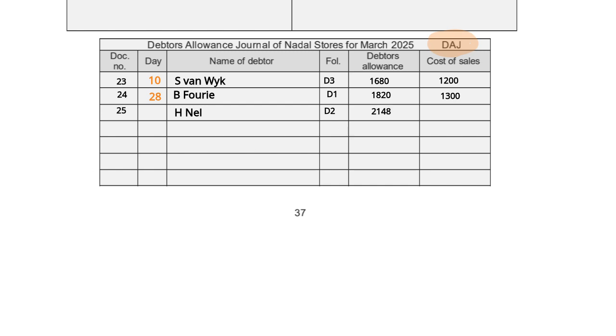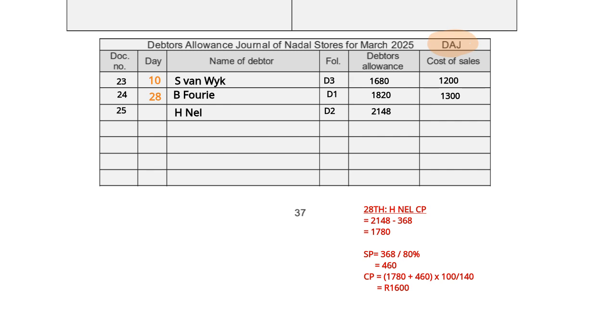But now we need to calculate our cost of sales. So it will have a calculation. First of all, we're going to take 2148 and we're going to subtract 368 because that was included and it should not have been. So then we get 1780. Then we're also going to say 368. We're going to work backwards. We're going to divide that by 80% because 20% discount was given on 368.